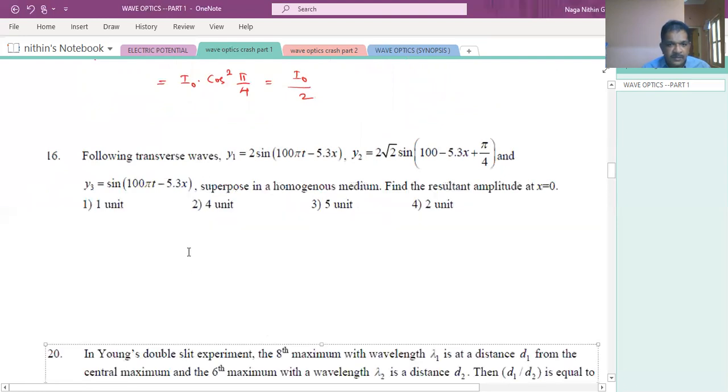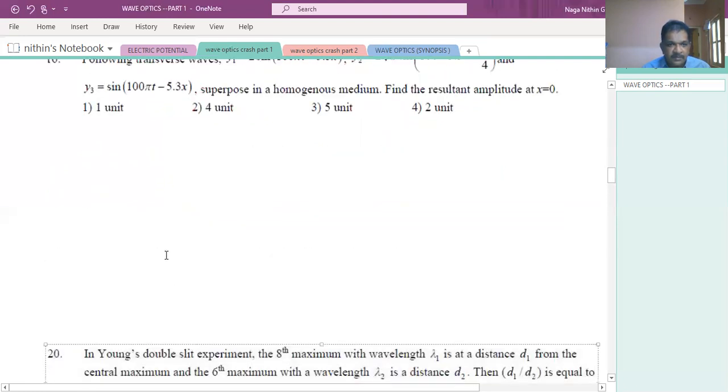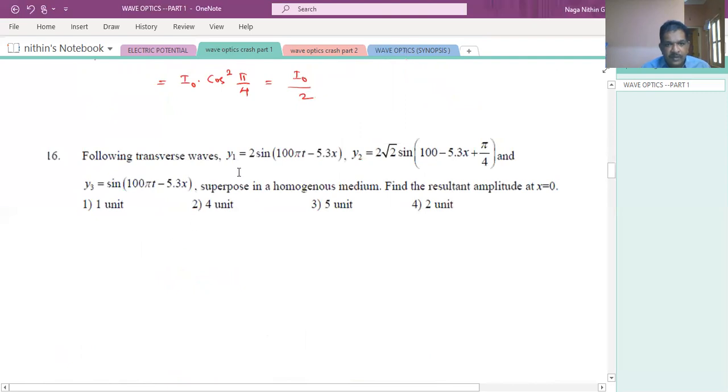See the next question, what they are asking. Y1 is equal to 2 sine of 100 pi t minus 5 by 3 x. Y2 is equal to 2 root 2 sine of 100 pi t minus 5 by 3 x plus pi by 4. See here, sine is there.